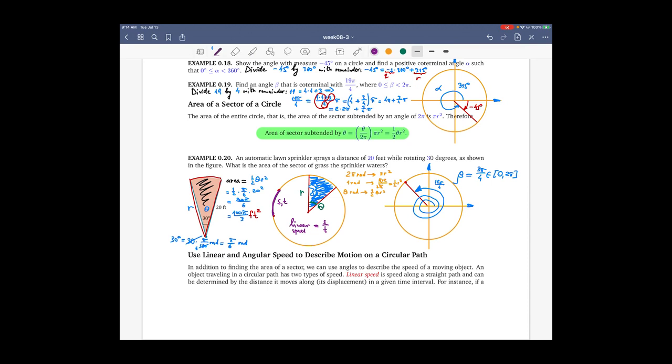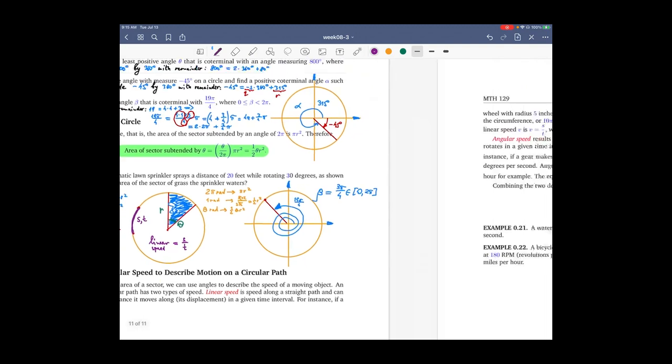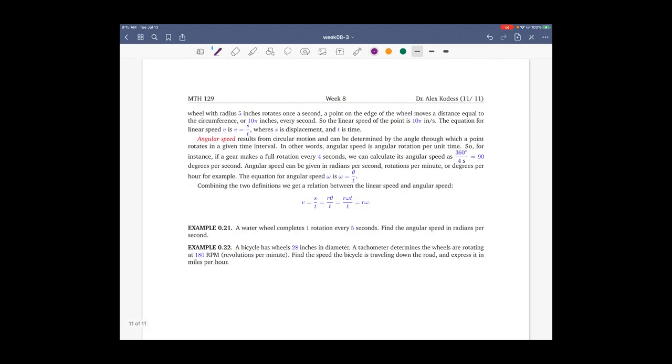But there is another type of speed that you can talk about in this context. There is something called angular speed. What is this?